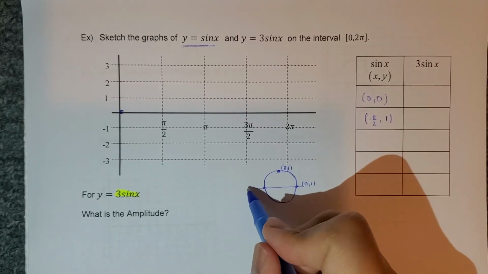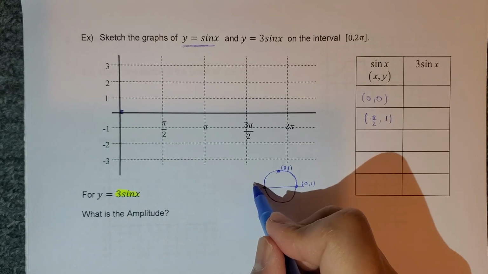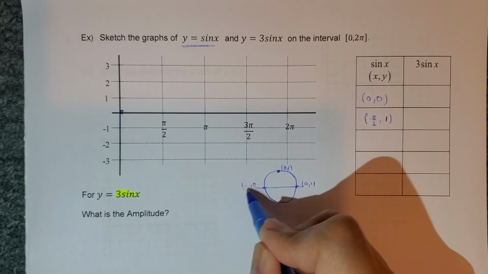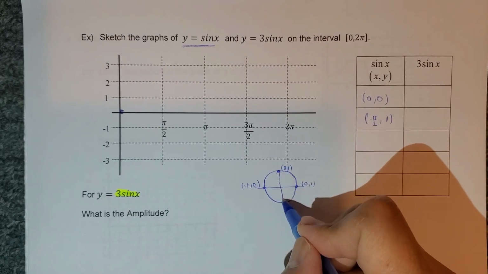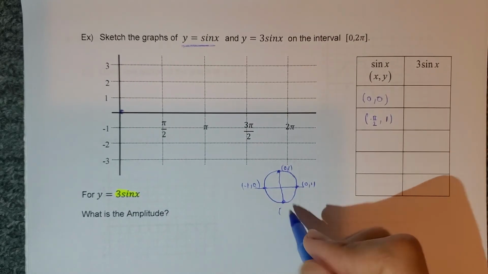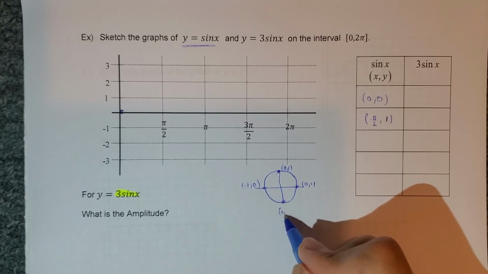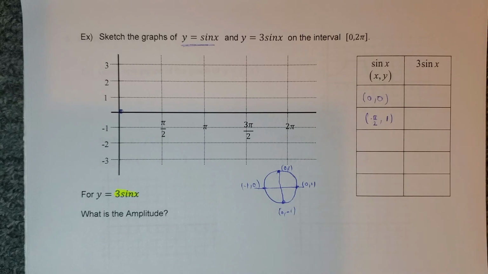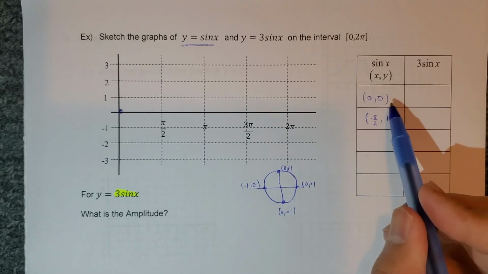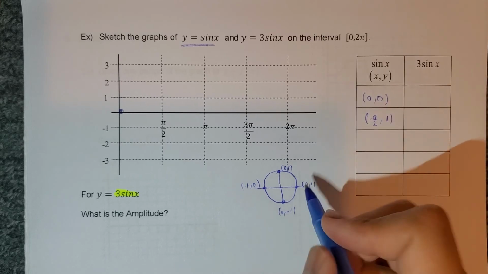Here your y is 0 and h is negative 1. And over here, h is 0 and y is negative 1. But we talk about sine, so we only focus on the y value.